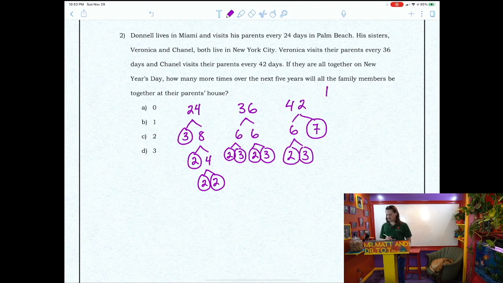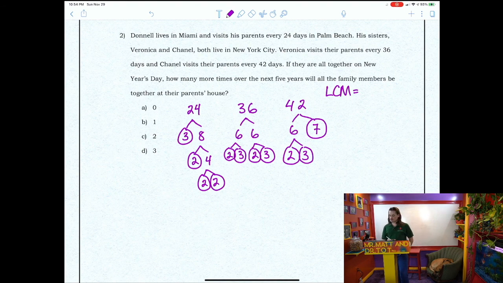any one factorization. So starting with the smallest factor of 2, 2 occurs 3 times in 24, 2 times in 36, and 1 time in 42. So 3 is the most number of times that 2 is used, so I'm going to take 3 2's.